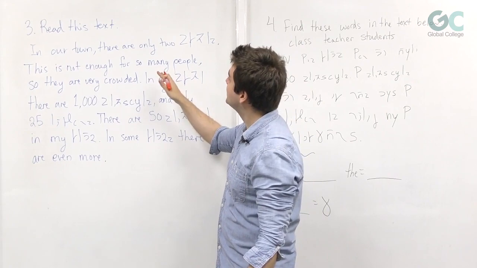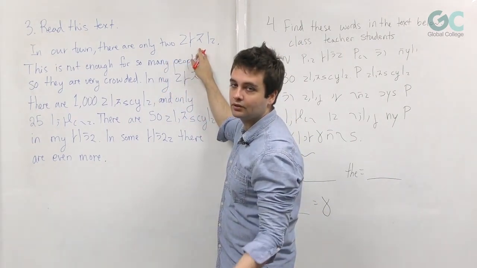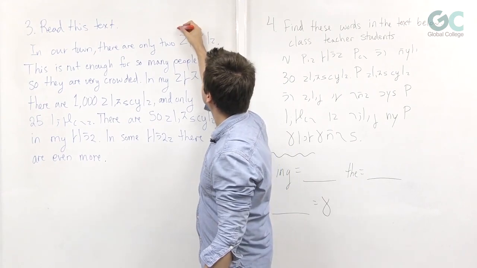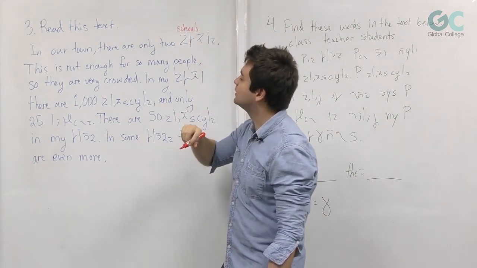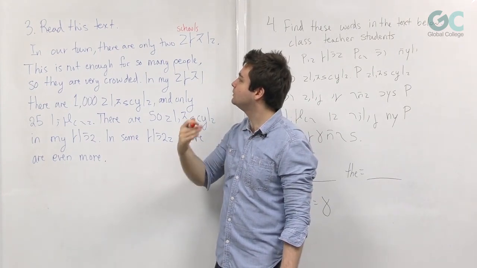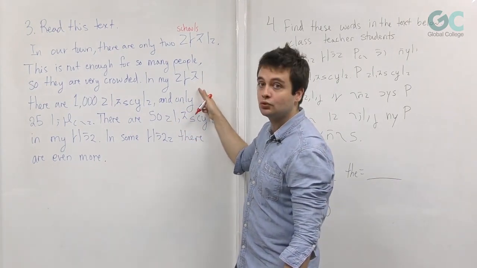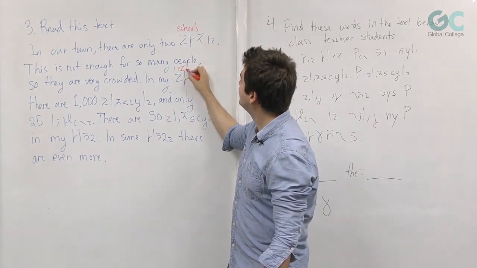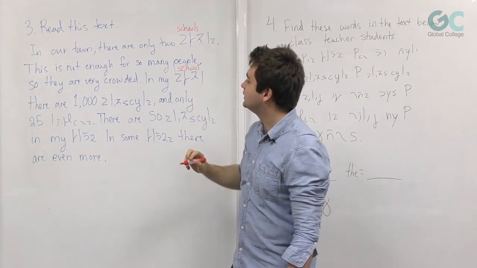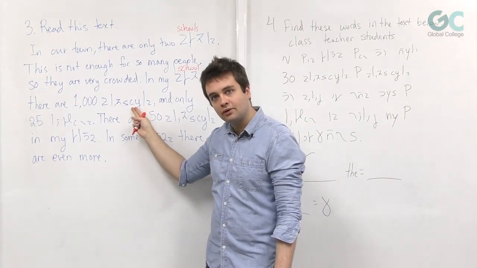So you got, in our town, there are only 2... What could this be? Come on, it's schools, right? There are only 2 schools. This is not enough for so many people, so they're very crowded. In my school, so you'll notice there's no 2 here. In my school, there are 1,000, what was that one?